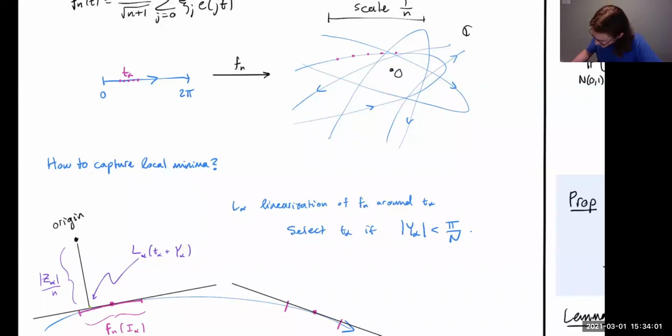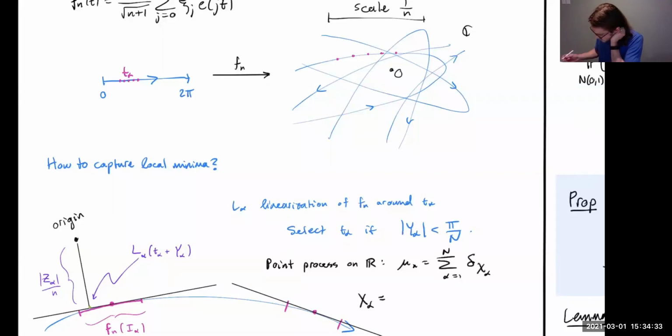So then here's our point process, which approximates. We have this point process U_N on R, which will be the scaled approximate local minima. This is the sum over all alpha, and we'll call the points X alpha. X alpha is going to be, as I've labeled it over here, the distance we call Z alpha over N. We take it to be a signed distance.